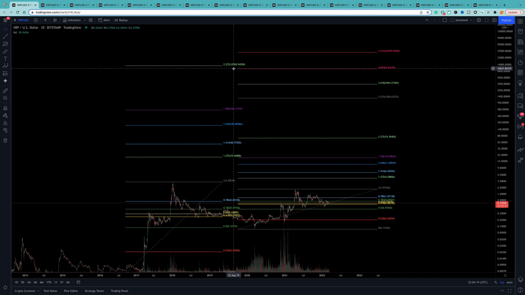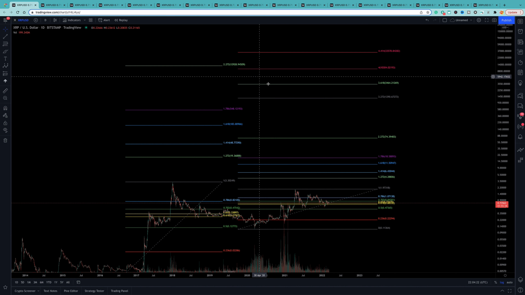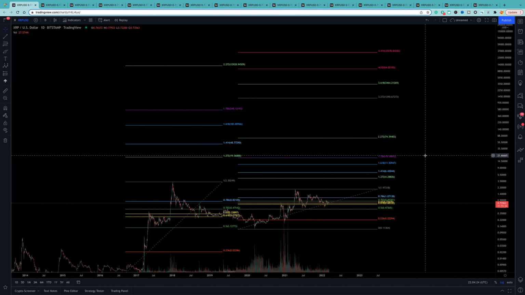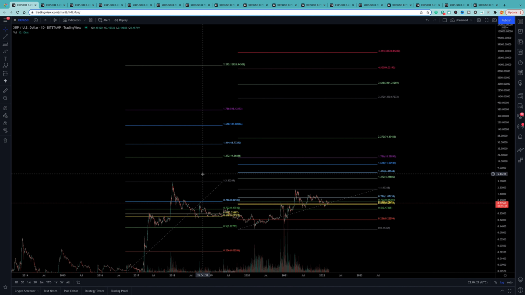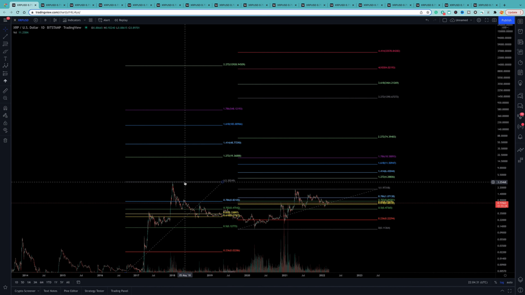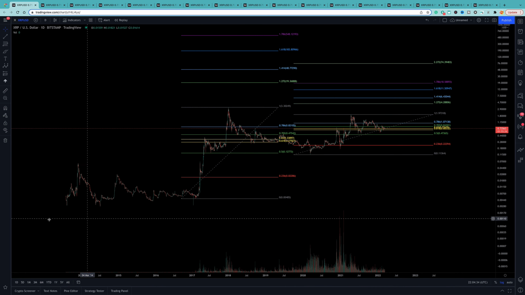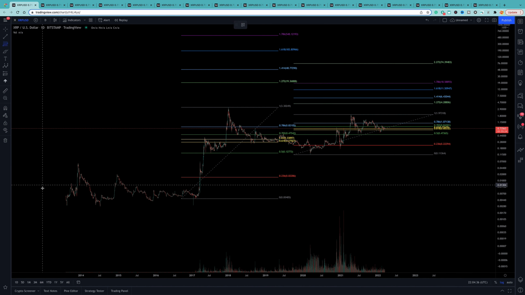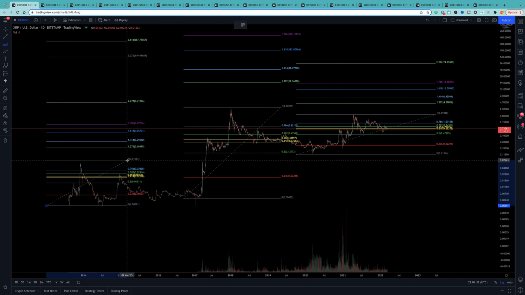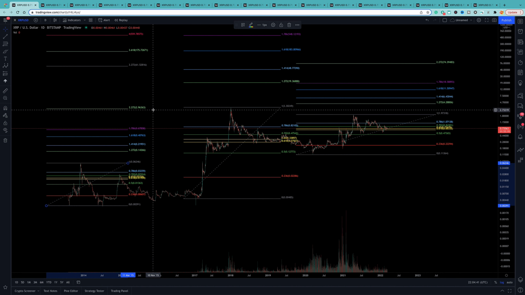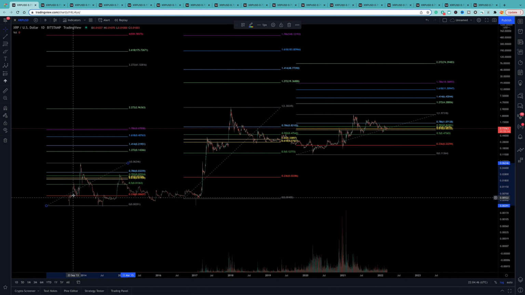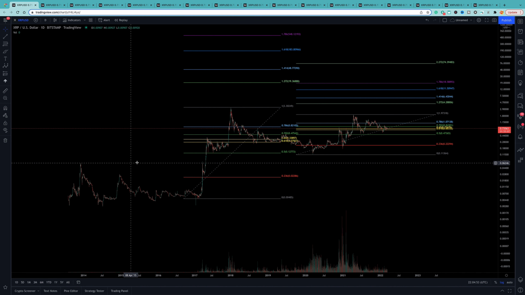You see, this is where I get challenged with logarithmic. I'll put this here. The 272 is to there on the log, so that worked. Look, from here to there, 272, bang on the money, super duper.